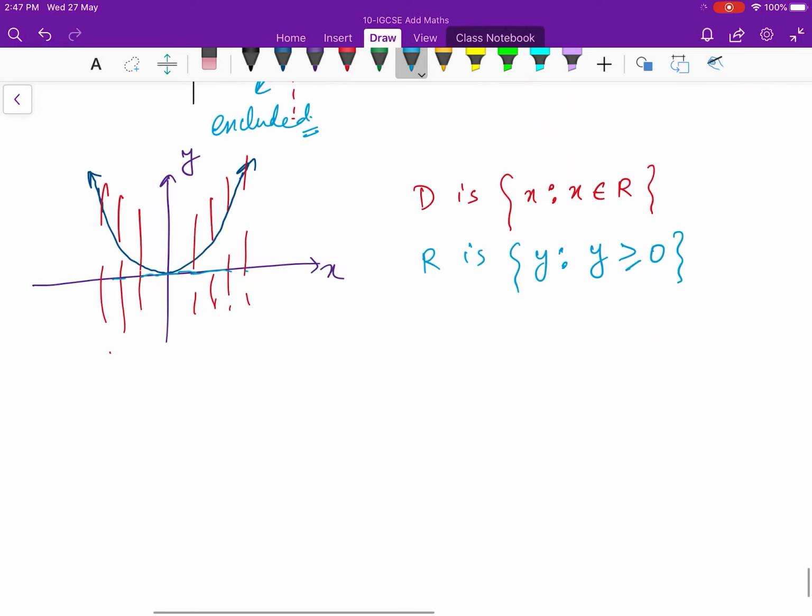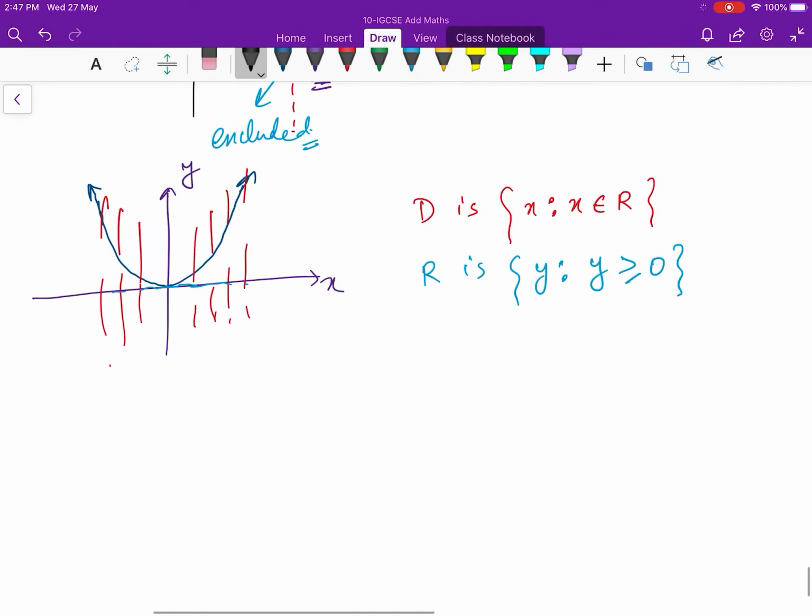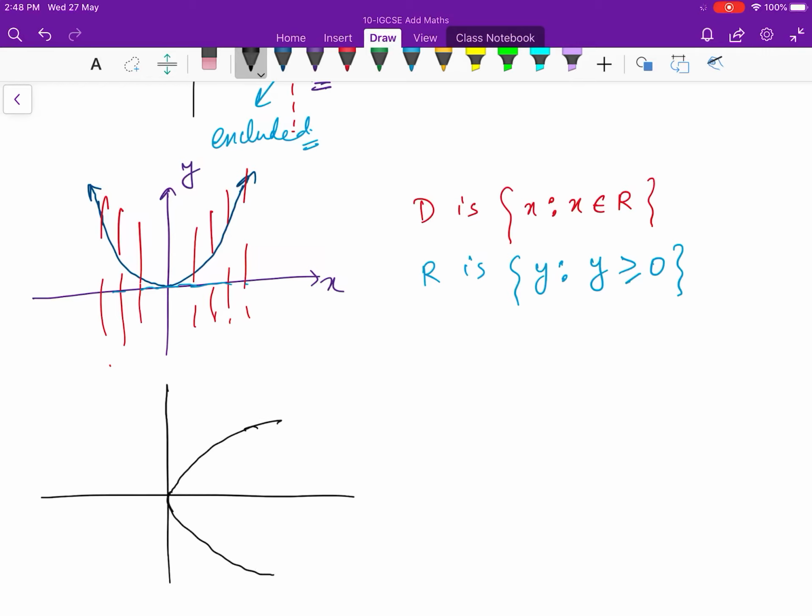So only you are getting positive y, not negative y. Let's take another graph. It goes like this and it goes like this. So what will be the domain and range?